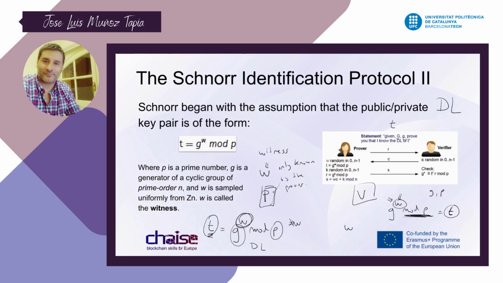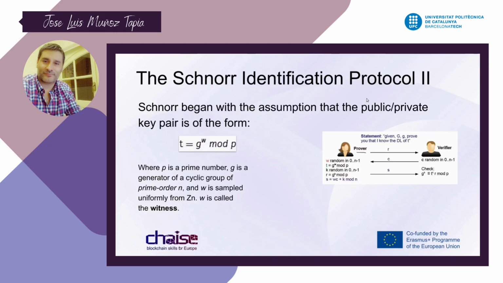And the idea is more or less simple. The prover generates a random number K. Let me draw it here. In practice, by the way, you will need to look for more information about this protocol. I'm just outlining it a little bit here.